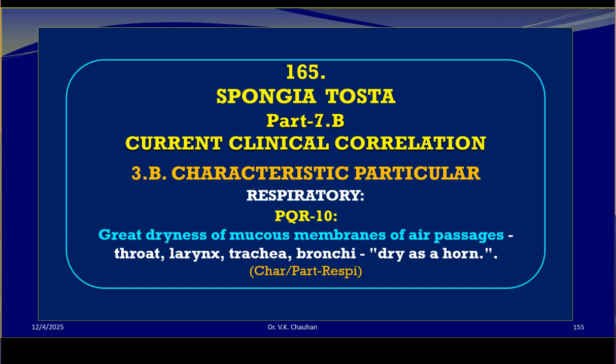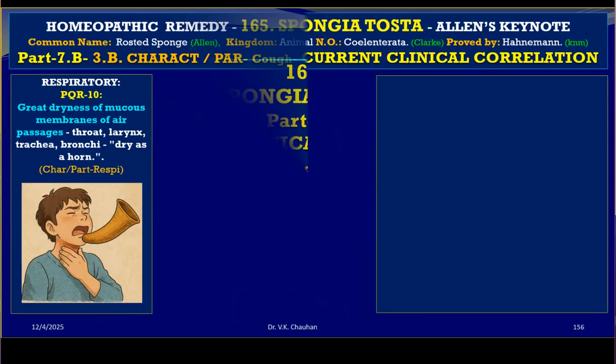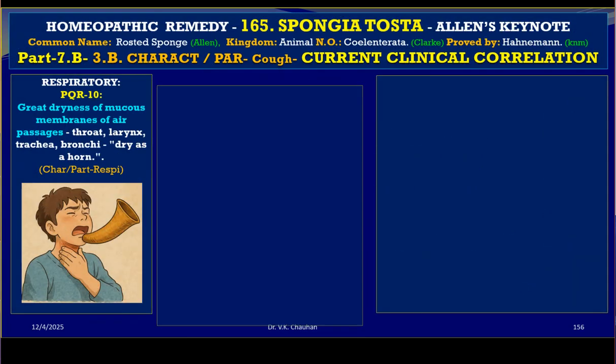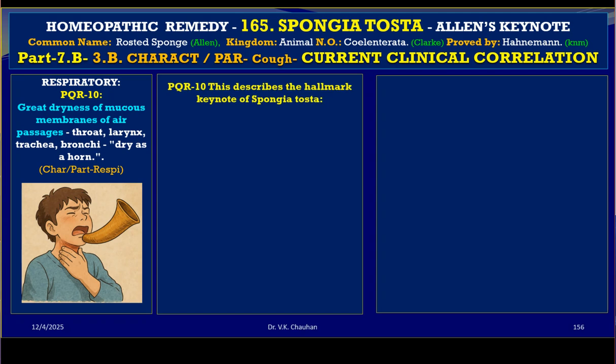So the upper respiratory tract is nasopharynx, oropharynx, laryngopharynx, trachea, bronchi, bronchioles, segmental bronchioles, and then we have alveoli. Here this tract is dry as horn, just like a horn, the expression that has been given by the old masters.